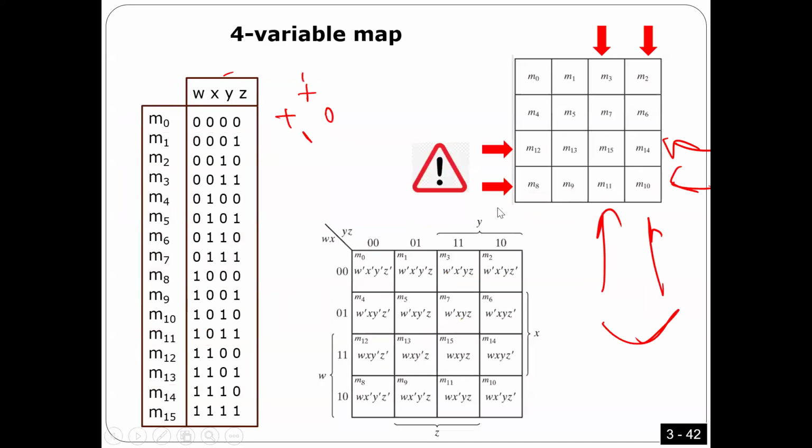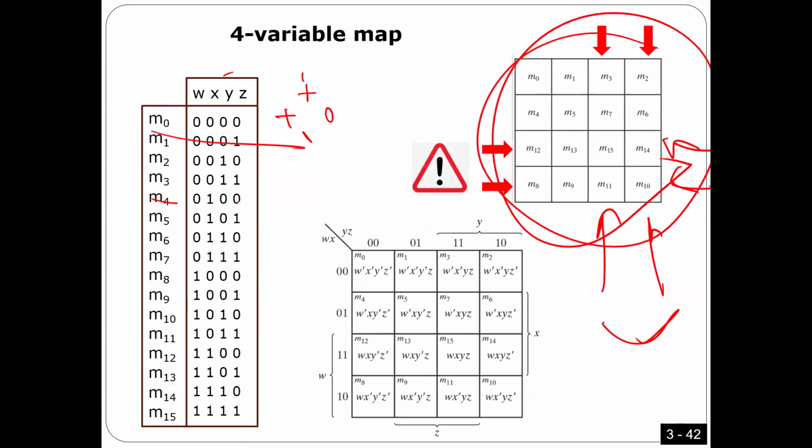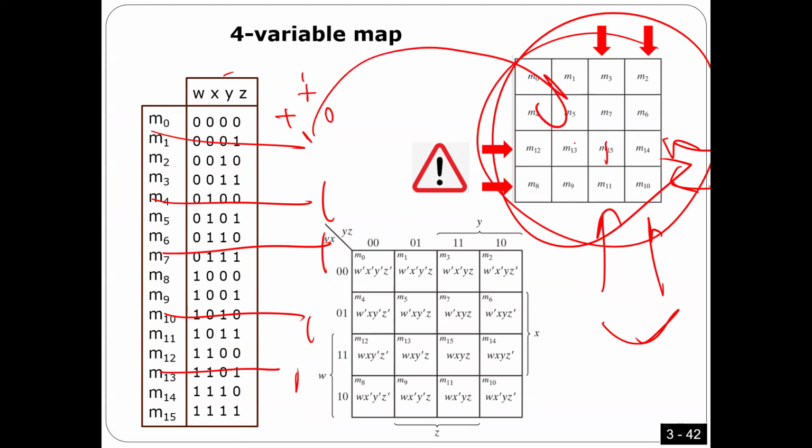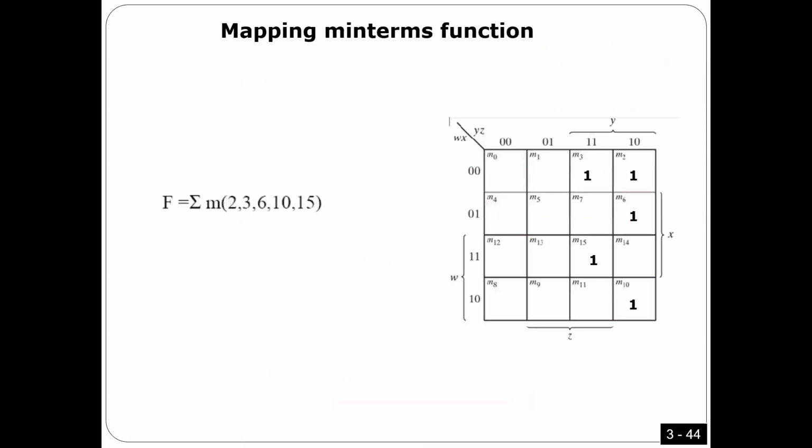Similar to what we did before. Okay? So you already know the map. You need to know where the minterms are here. Minterms are the locations of ones. In these locations, you have to put ones. That's very easy. Is that okay? Same thing, if I give you a function this way, these are the locations of ones. So you have to go to M2, M3, M6, to here, 2, 3, 6. M10 is here, M15 is here.